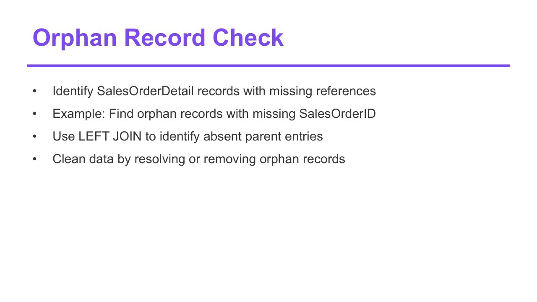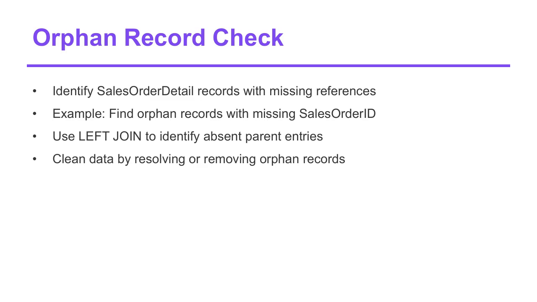When checking for orphan records, we focus on identifying sales order detail entries that are missing their parent references, like a missing sales order ID. This can happen if the parent sales order record was deleted or never created, causing data inconsistencies. To find these orphans, we use a left join between the detail table and the parent table.